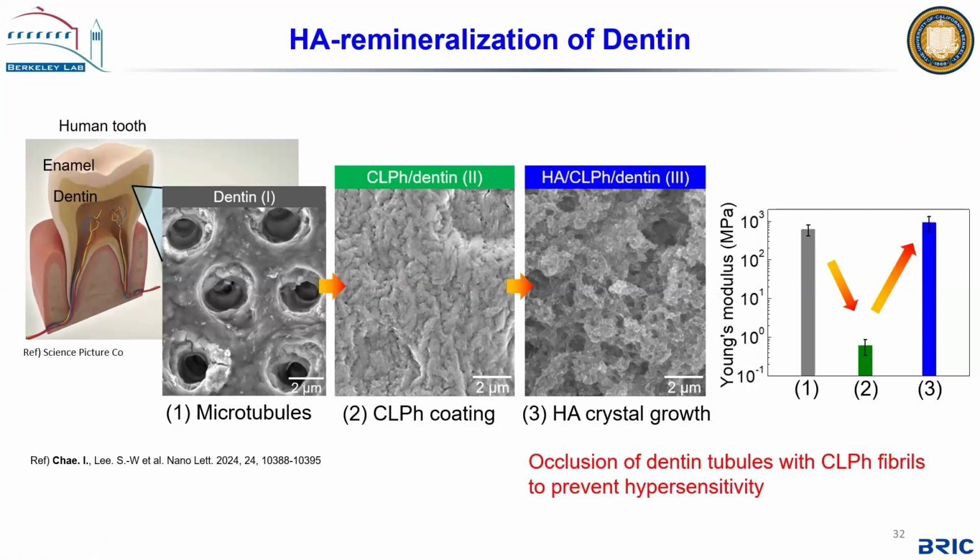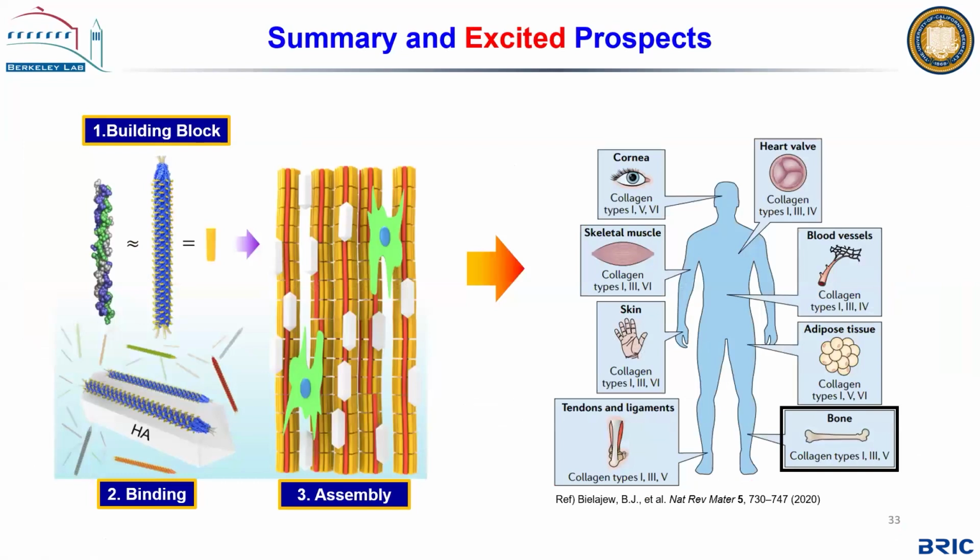Okay, this is a summary of the second part. We developed this collagen-like building block using phage, and through the phage display, we identified the best binding phage on the bone mineral.